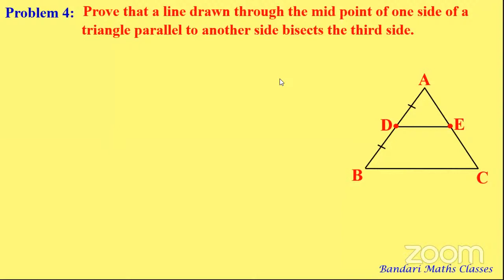Prove that a line drawn through the midpoint of one side of a triangle parallel to another side bisects the third side. Very interesting question. So now here, midpoint means what? Suppose this is a line AB.